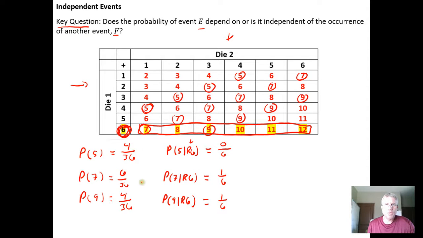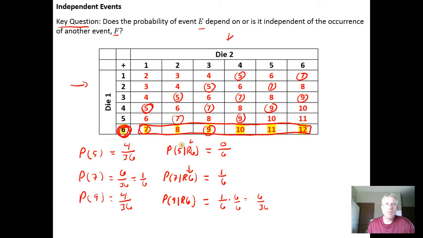Then we noticed that the probability of 7, which was 6 over 36, reduces to 1/6. We saw that the probability that we got a 7 was 1/6 whether or not we had rolled a 6. And when we scaled this up by multiplying by 6 over 6, we got 6 over 36.